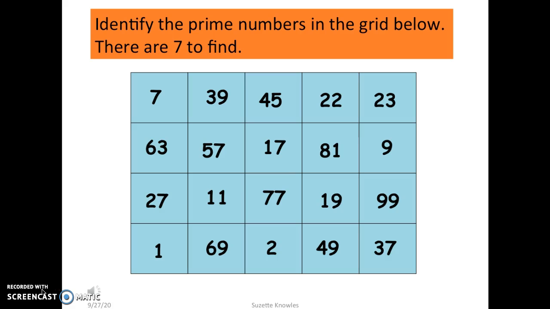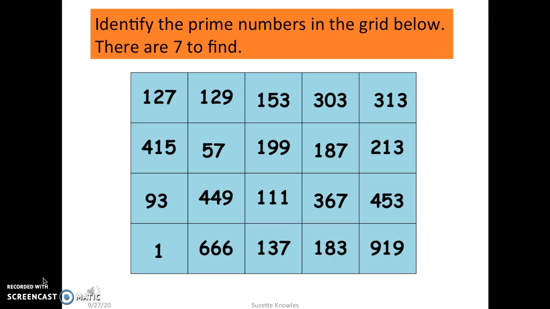You may pause the video for the last time. Okay? We have a few more here. You are going to do likewise. You may pause the video when you deem it necessary. We are identifying prime numbers again.